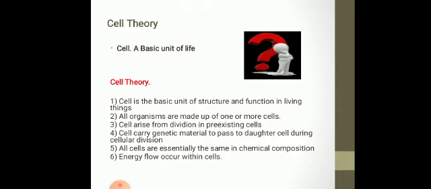Cell theory. Following are the points of cell theory. Number 1, cell is the basic unit of structure and function in living things, because all the functions that are carried out by different organelles present in the cells are performed by cells. Like cell has nucleus, cell has mitochondria, cell has Golgi bodies, endoplasmic reticulum.